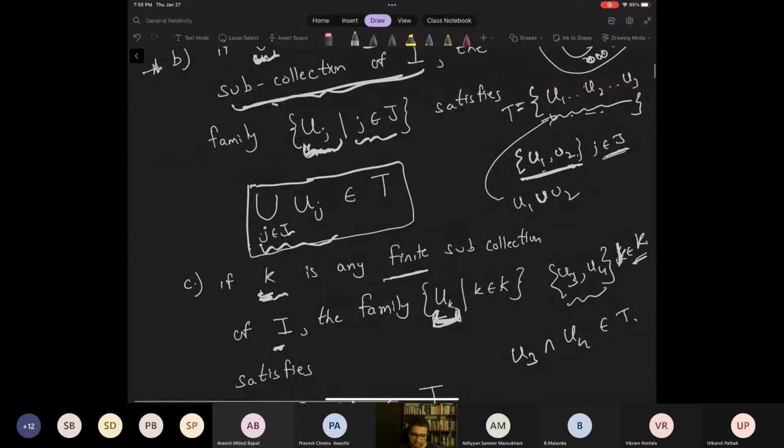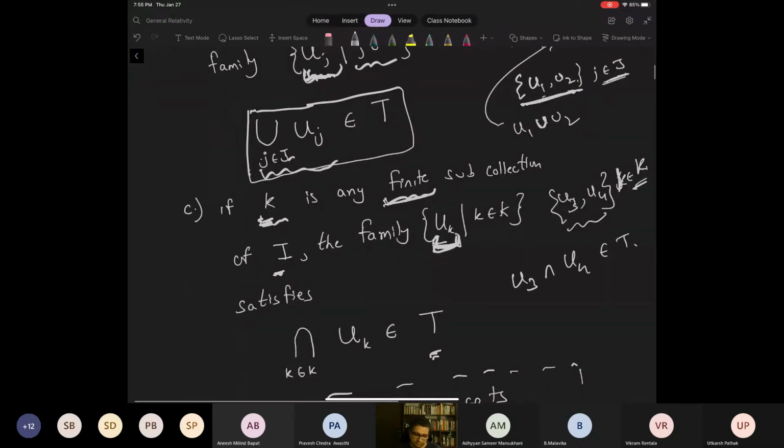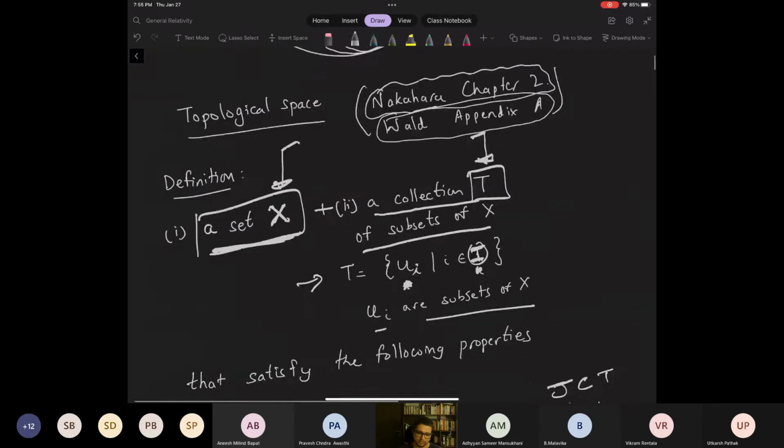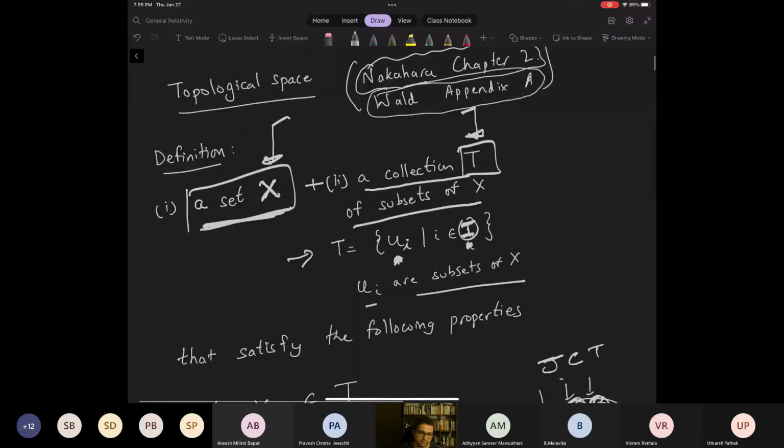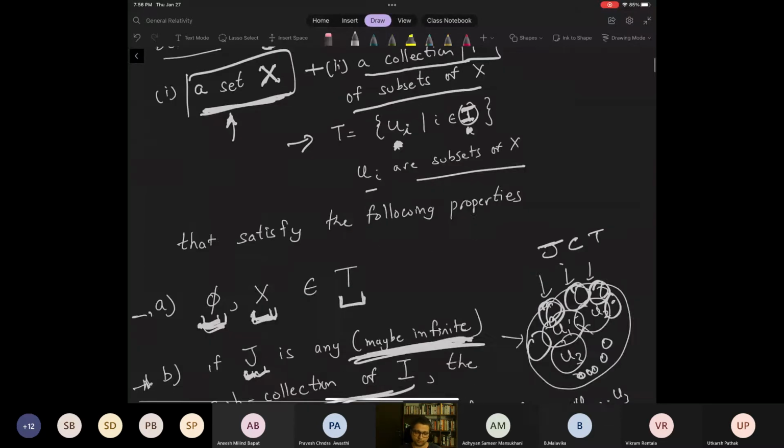Third, if I take any subcollection, but as long as it's finite, with only a finite number of subsets in it, then the intersection of all of those subsets should also belong to T. That's all. Very simple conditions that describe what you mean by a topology or a topological space. So you say that X and T together form a topological space, or sometimes you say X forms a topological space and T gives it its topology.